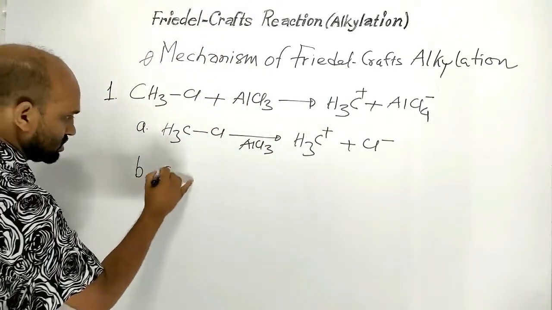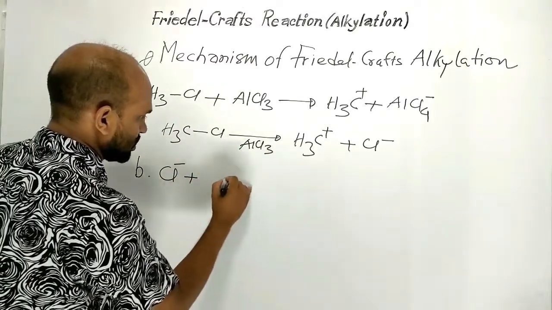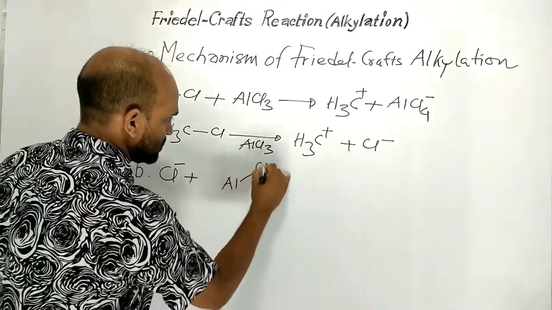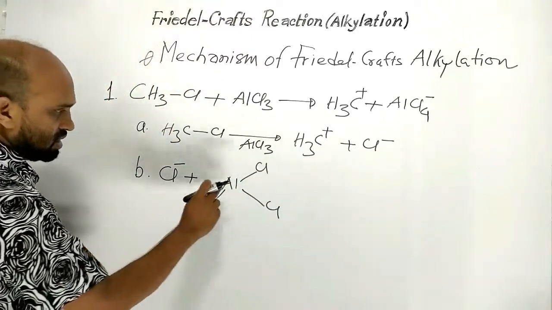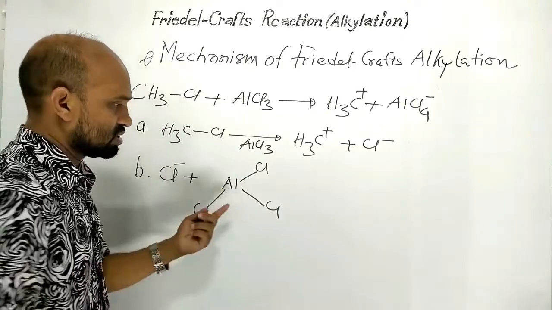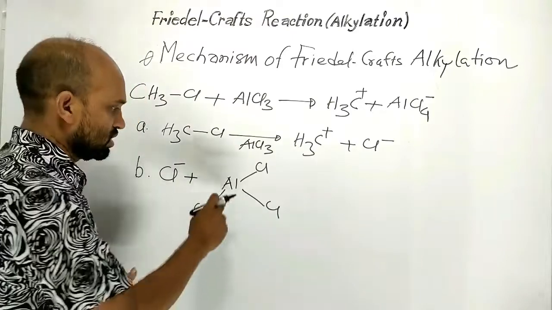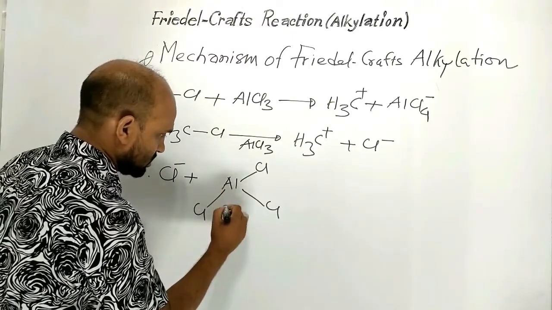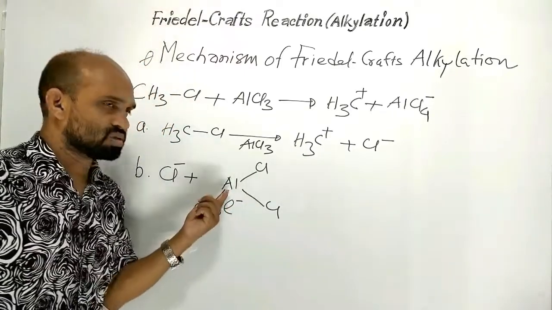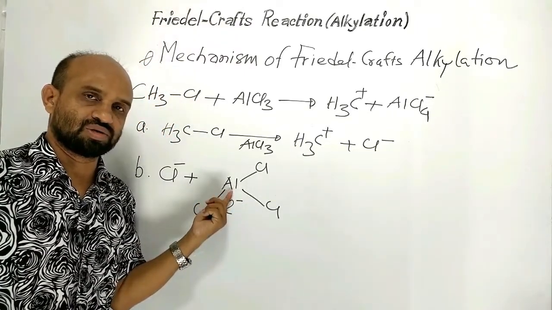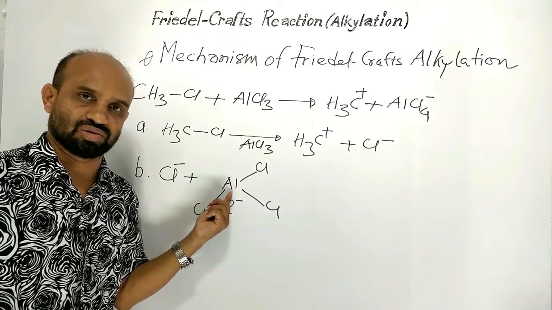Step B. This chloride ion combines with anhydrous aluminum chloride, which is a kind of Lewis acid. Aluminum chloride is a covalent compound, and now around aluminum there are 6 electrons, which is not octet fulfilled. So aluminum needs another 2 electrons.